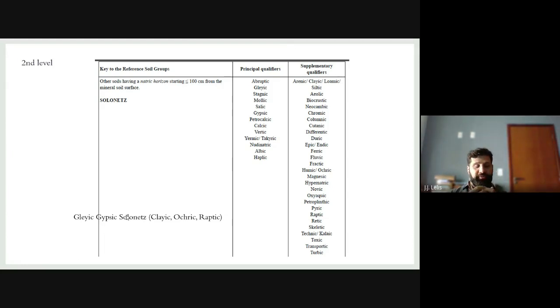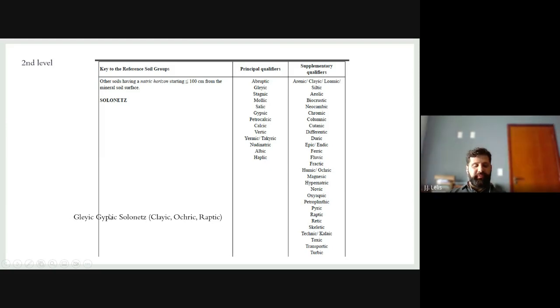It's not hard to comprehend which information is inside this name, because I can understand that it's a solonetz, so it's a soil that possesses a high content of sodium in the surface, and this soil possesses clayic properties, possesses a gray color, and also possesses a concentration of soluble salts like gypsum, and it possesses a clay texture, and it also possesses an ochric horizon, and it also possesses raptic properties.